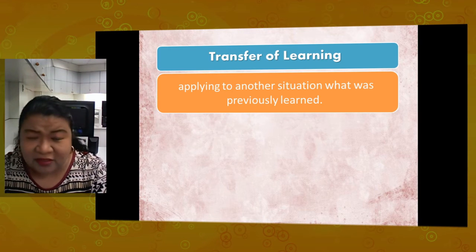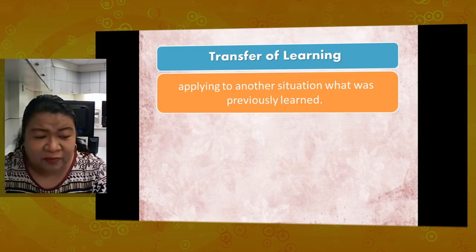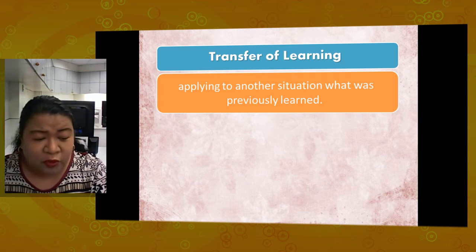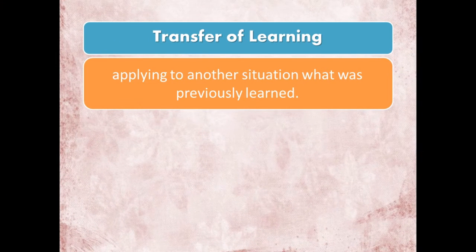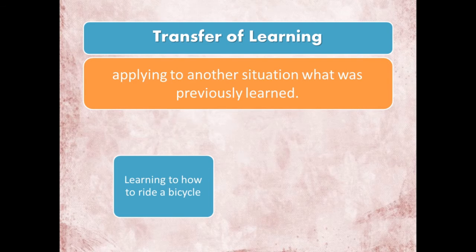When one recognizes a situation as similar to something he has experienced before, there will be more likelihood that he will be able to apply the skills he learned before to this new situation. So this tells us what transfer of learning is all about. It is applying to another situation what one has previously learned.